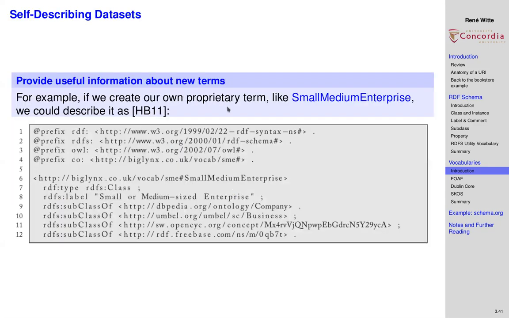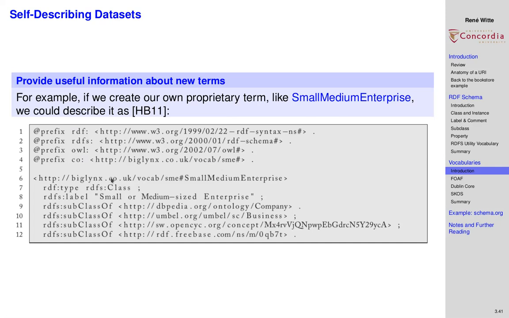So what's meant by a self-describing data set? Let's say you have to define a new term that doesn't exist in any vocabulary. In the example here, that's small, medium enterprise. Now, this is something that definitely exists because SMEs are a very common term, but let's just assume for this example that this is something you made up.